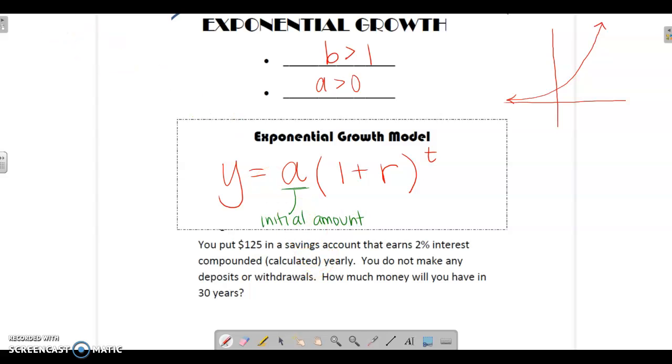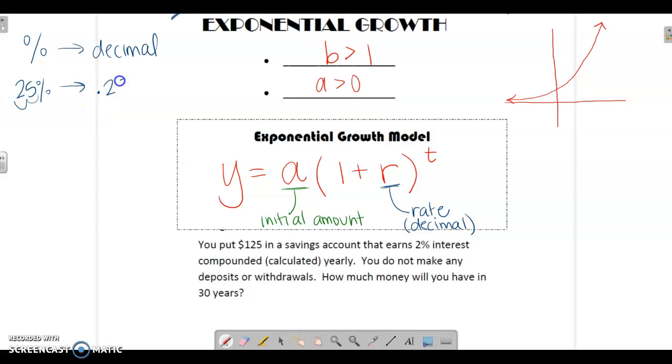Okay. R is going to be your rate. So this R value is your rate of change. But the important thing is you need to change that to a decimal. A lot of times it's going to be given to you as a percentage and you need to change it to a decimal. And as a reminder, to change from a percent to a decimal, for instance, if it's 25%, you move that decimal 2 spots to the left.